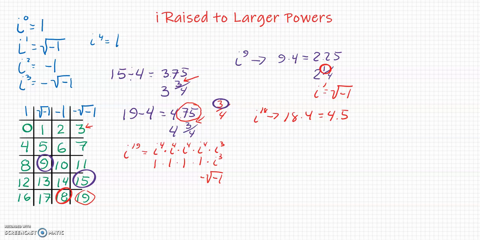Well, 0.5 is obviously 1/2, but that's the same thing as 2/4. And because it's a 2, the exponent of 2, i squared, is negative 1. So we're beginning to see that we'll only have certain decimals when we divide.